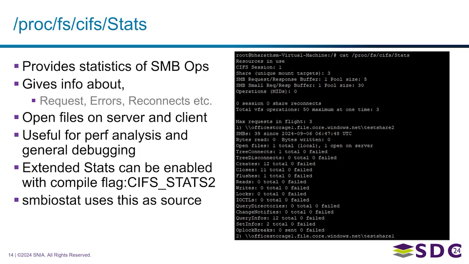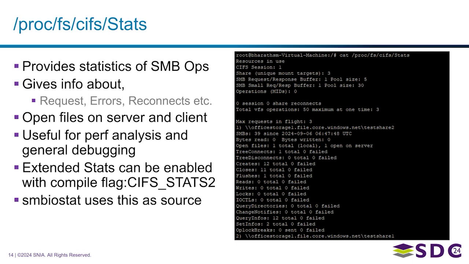Then we have our stats. Stats provide an overview of the mount: how many operations of each type have happened on a particular share, how many of them failed for different reasons, and how much data has been read and written.